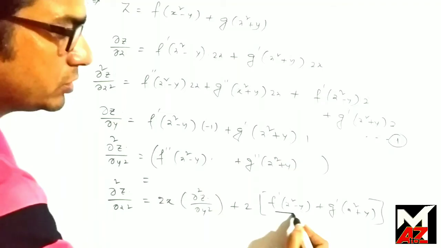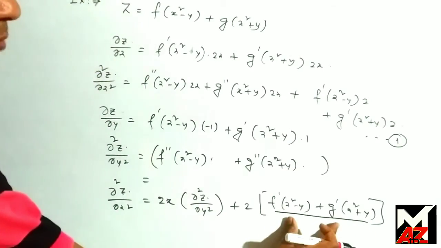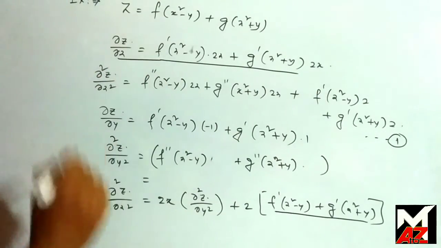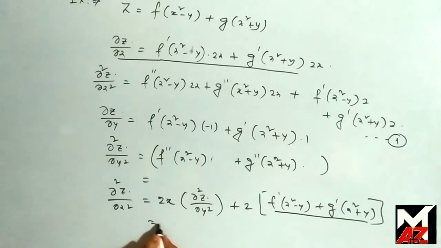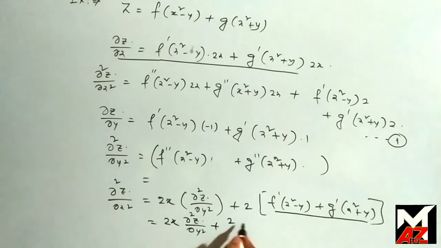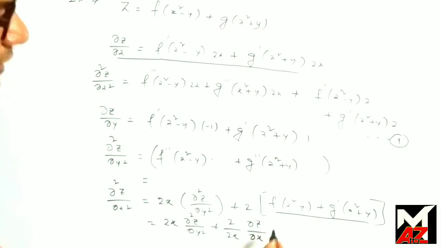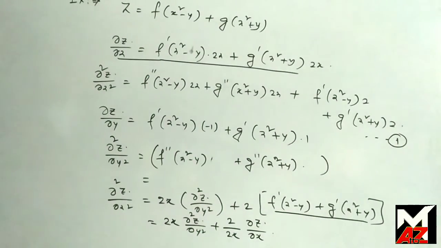We put the value of this from this relation, as this is equal to 2x into del 2z by del y2 plus 2 by 2x into del z by del x, right?